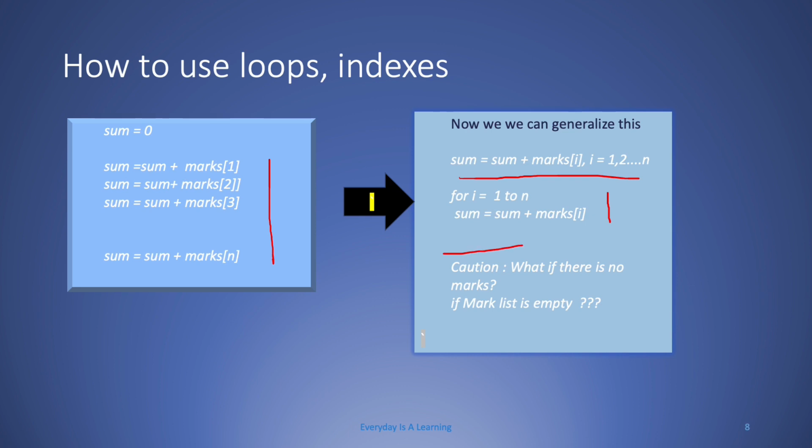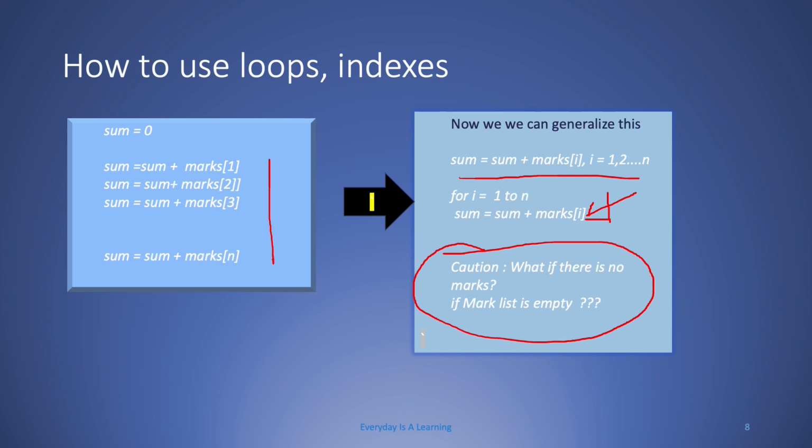But there are some areas you need to consider when you write your pseudocode and obviously your program as well. What if you got a marks list which is empty? No one has entered any marks in it. Manually we know it's empty, there is nothing to calculate. But if you write a program like this, the program is going to look at marks I, and marks I does not exist at all, right?